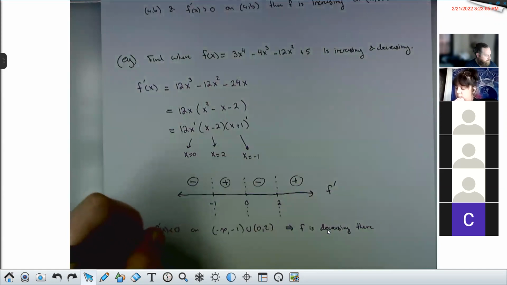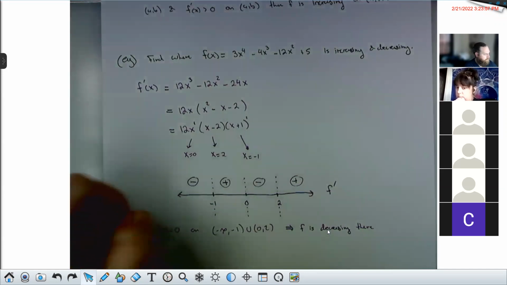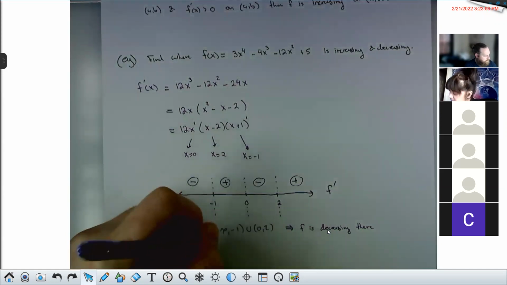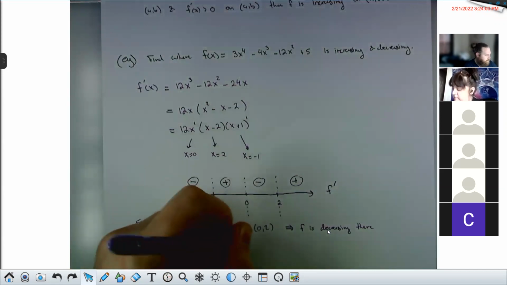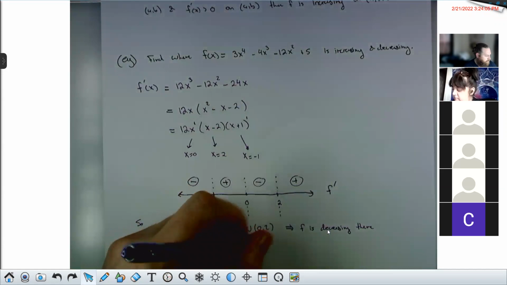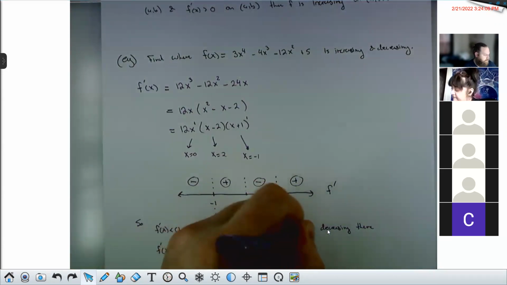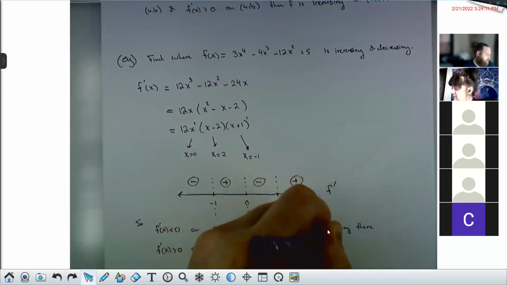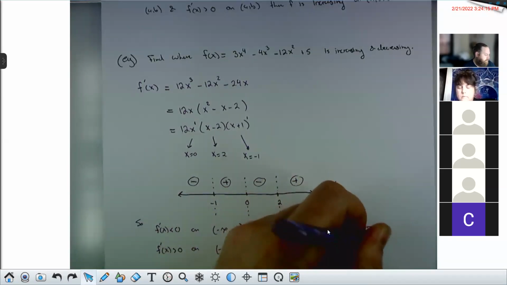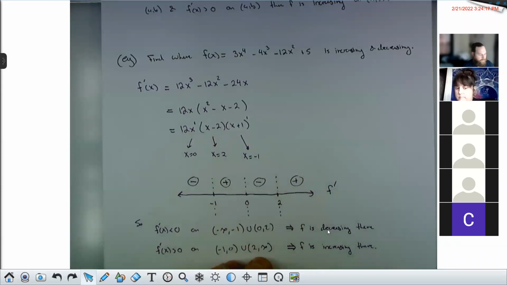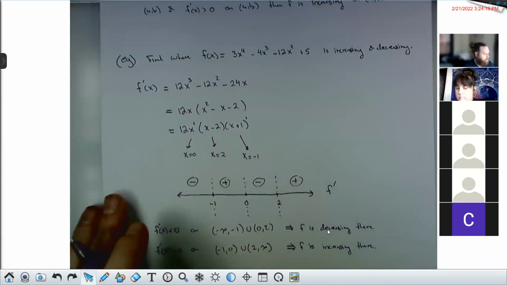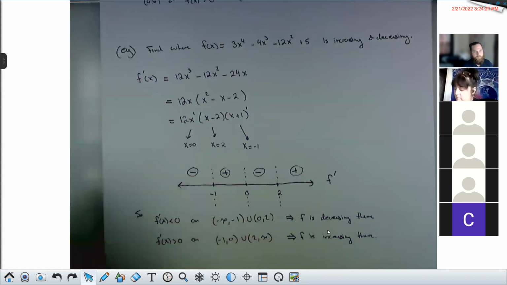And f prime of x is positive on the interval from -1 to 0, union with the interval from 2 to infinity. And by our theorem, this means f is increasing there. So you'd say on this set, or on the intervals -1 to 0 and 2 to infinity.